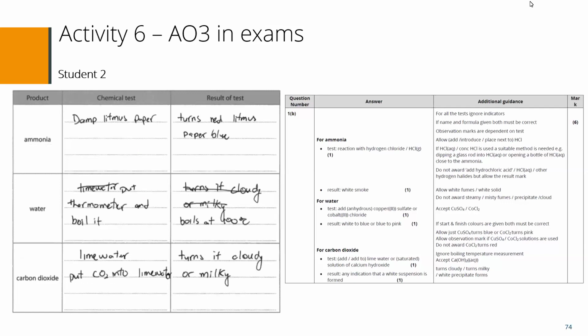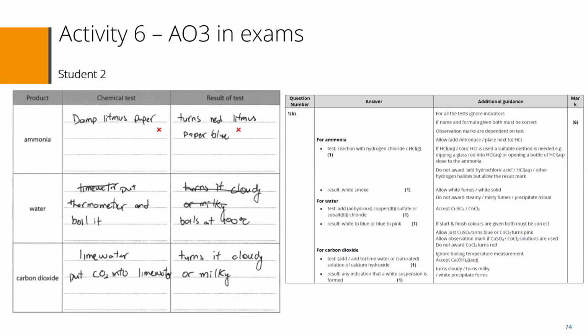Right, there's the second student. Have a look at that one. Well, under additional guidance, it makes it very clear that for all tests, ignore anything to do with indicators.